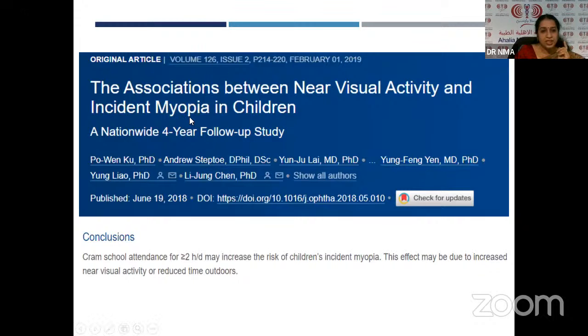Because now so many studies are coming up which show the association between near visual activities and incident myopia in children. It is shown that a high increase in near visual activities, that is the use of these near vision gadgets, has led to a higher increase in myopia in children.